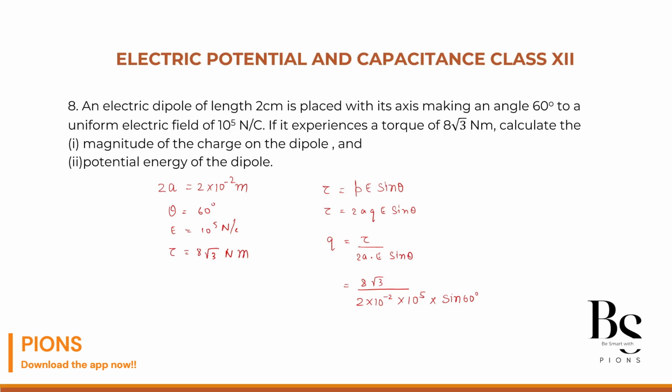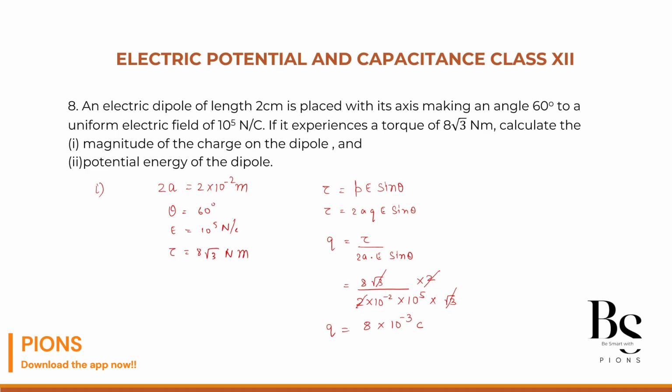So sine 60 is root 3 by 2, in case you don't know. Let's substitute here root 3 by 2. So root 3 and 2 will go on the top. Root 3 cancels with root 3, 2 cancels with this 2. 8 into 5 to the power minus 2. So 5 minus 2 is 3. And 3 goes on the top. 10 to the power minus 3 coulombs. This is our charge. Done with the first one.